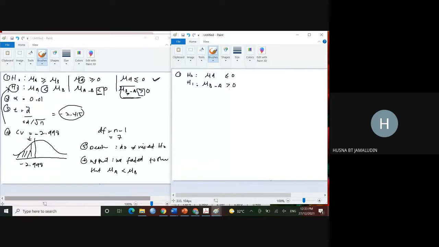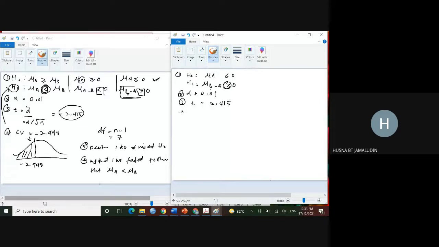So what happened is that when you use this smaller, all your numbers will be negative. But if you use before, because before will be the large number of cases, all your numbers will be positive, depending on your sign here. Okay, number 2, you will have the same 0.01. And number 3, if you use this formula to compute the t, you will get the value of positive 2.41415.